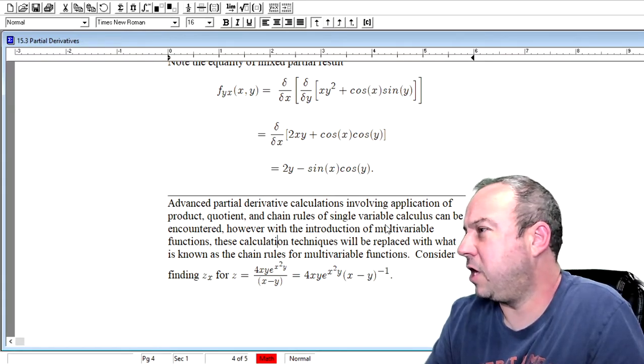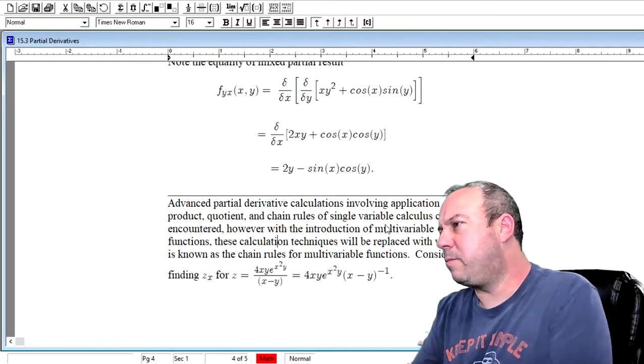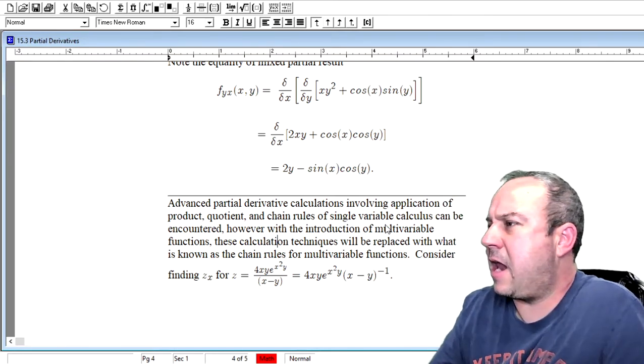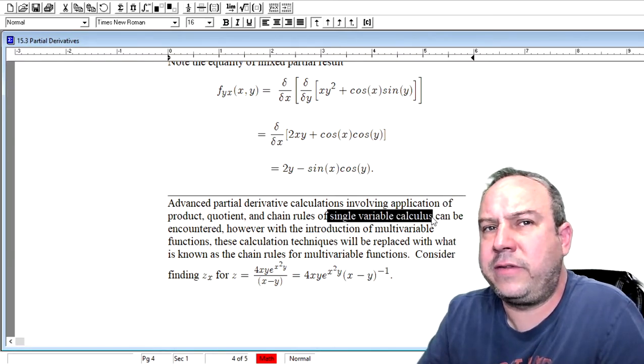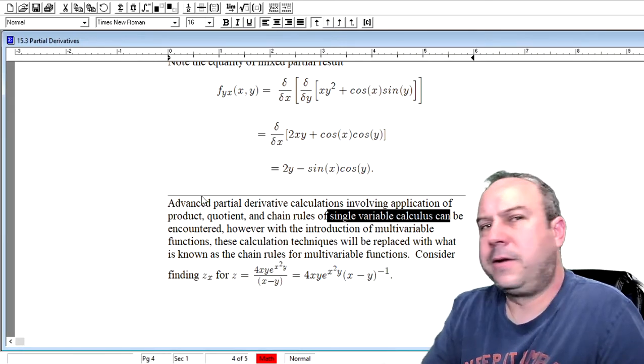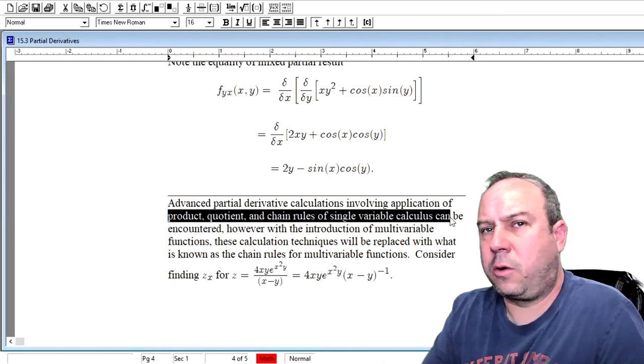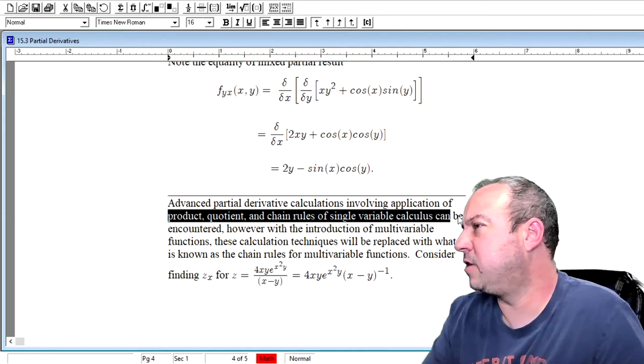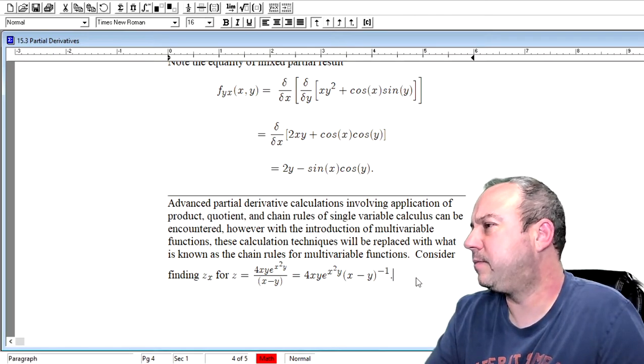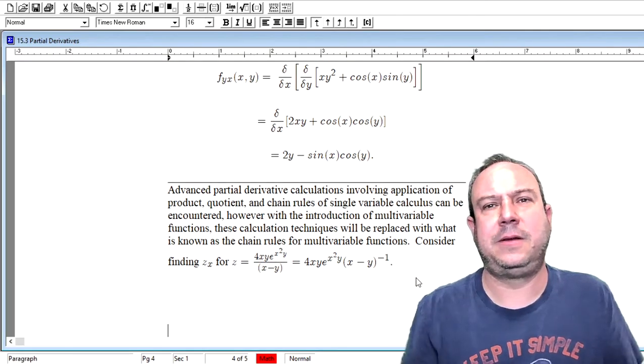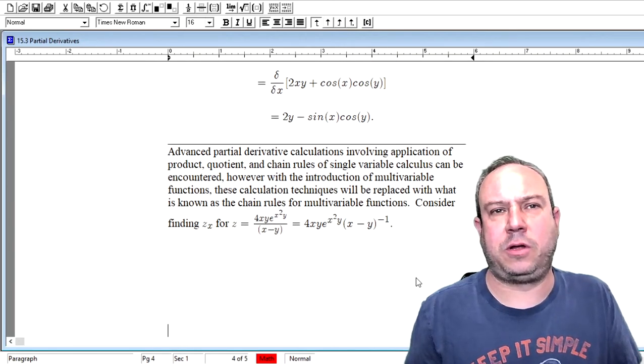Additional product and chain rule. So there are different approaches that are kind of analogous to our single variable calculus and the derivative calculations, that we could start to approach with some of our understanding of single variable calculus. Here I go with the quotient rule.